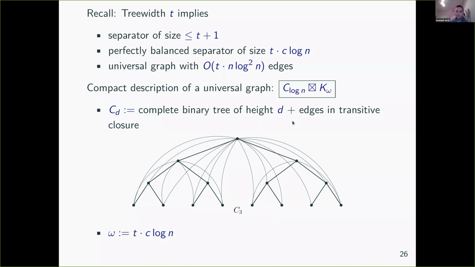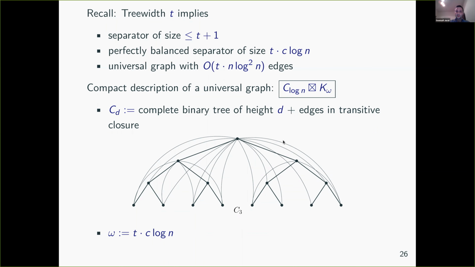So you look at this C log n graph, and of course, this C log n graph is modeling the recursion tree when we rip off these perfectly balanced separators at each step. Right? So that's what it's modeling. And what's happening when we take the strong product with this clique? Well, this is just a fancy way of saying replace each vertex by a clique of size omega, and omega is about T log n.